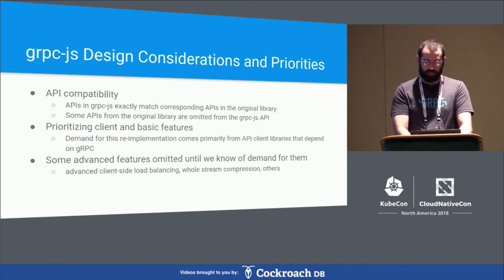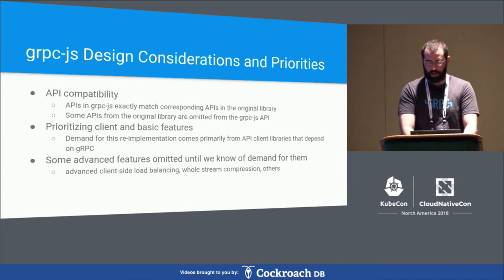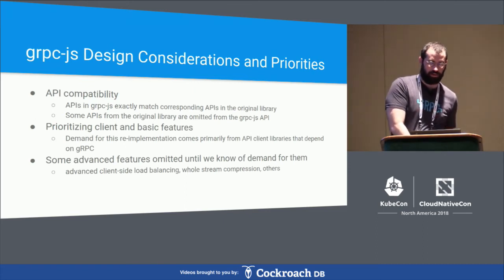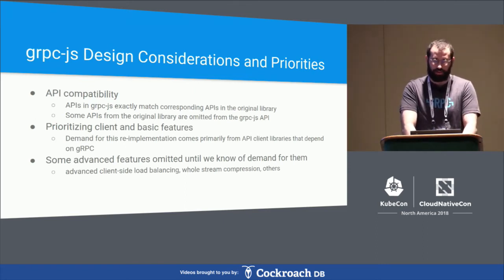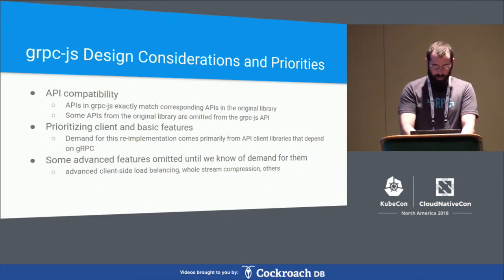And so this was kind of the biggest place where we could gain from providing this new implementation. And we've decided so far to omit some advanced features that we are completely unaware of any demand for, simply as a prioritization thing. So, certain advanced client-side load balancing features, whole stream compression, some others we'll simply omit for now.